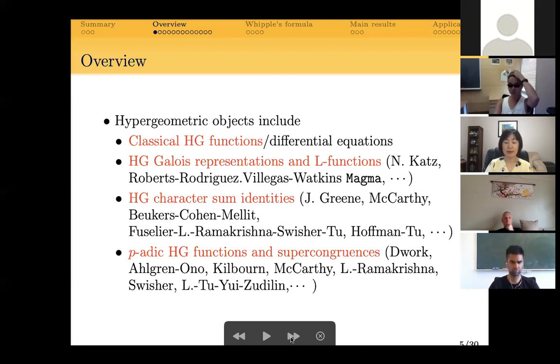Later, there were further developments by Kilbourn, McCarthy, myself, and Ravi Ramakrishna, who brought forth a so-called p-adic perturbation method, which is useful for proving certain types of supercongruences. I'm going to tell you more about what that is, and also in the motivation, I'm going to talk about this paper over here.